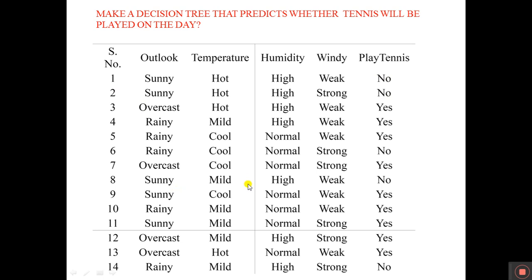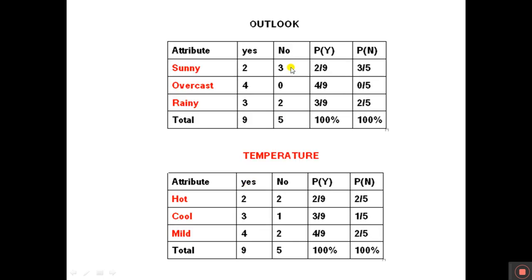That also we need to calculate. So for sunny, 3 times we got no, overcast 0 time we got no, rainy we got no for 2 times only.